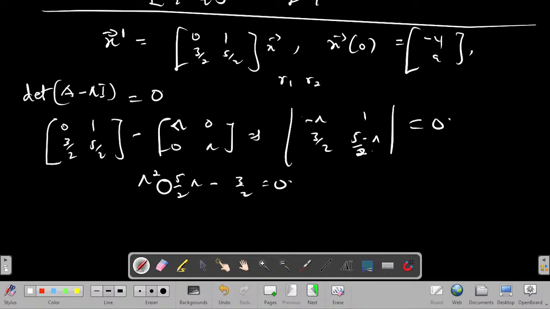Okay, so once you have this, you will have to find the values, right? So you find the values.